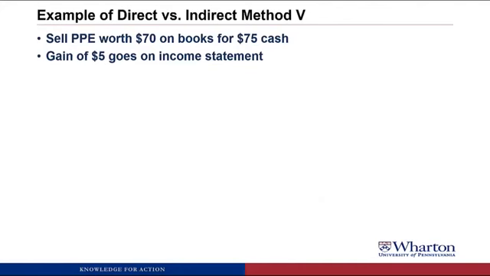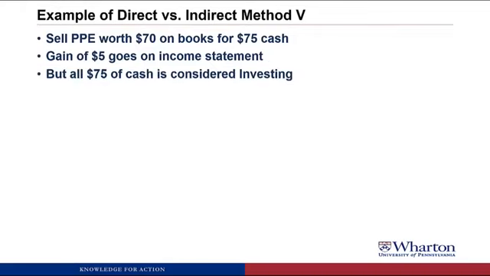And because it's an investing activity, we need to remove that gain out of the operating section and place it into the investing section. So we're going to consider all $75 of cash that we receive as an investing activity, which is another indication that we don't treat this as a revenue activity, because if it was, it would be part of operating cash flow.